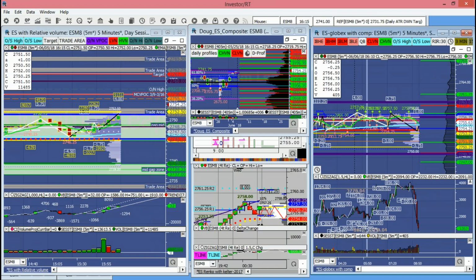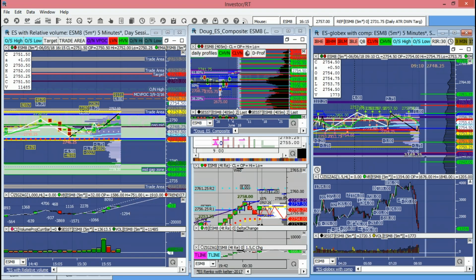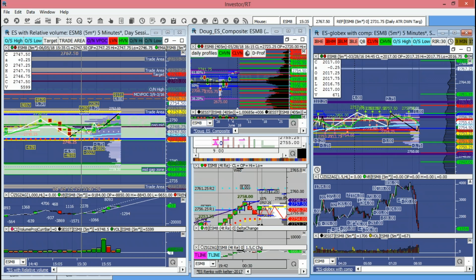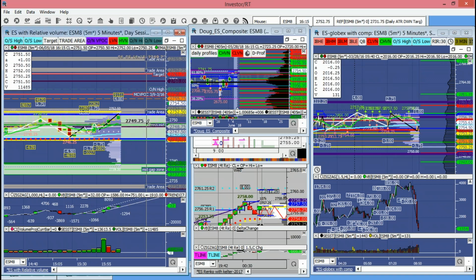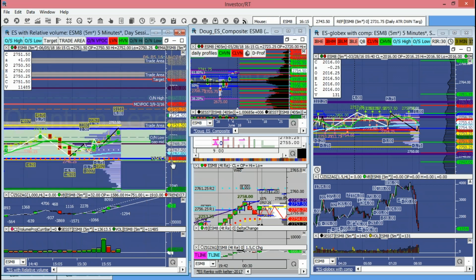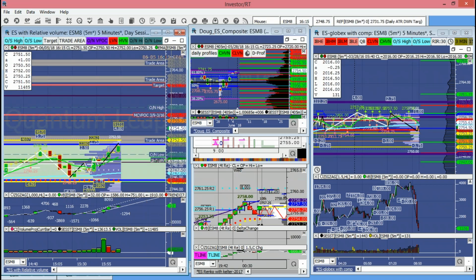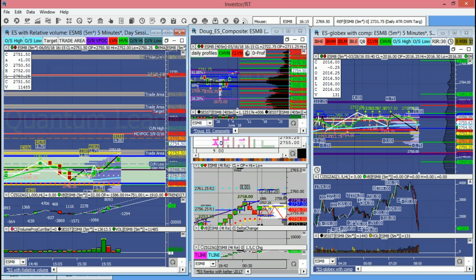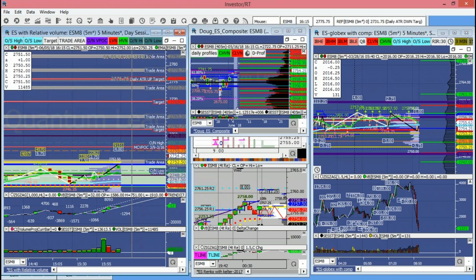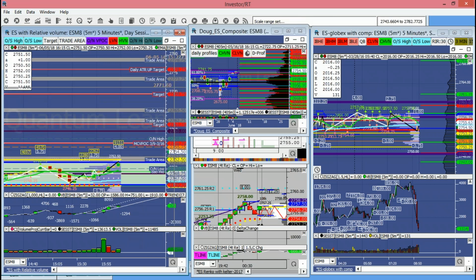So setting our levels up, we have an overnight high of 58 and an overnight low at 50. Our full session daily 20 period average true range is running at 26.20. So off of the overnight low, our upside daily ATR is all the way up at 76.25.